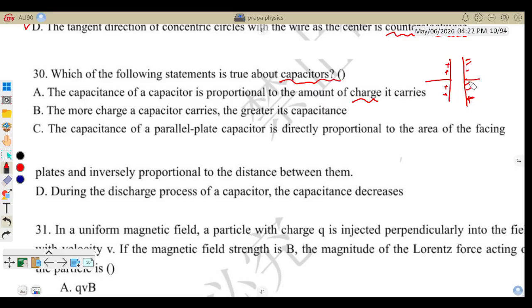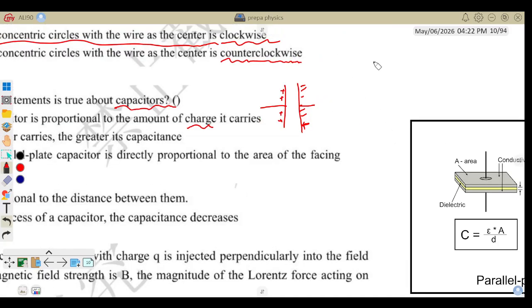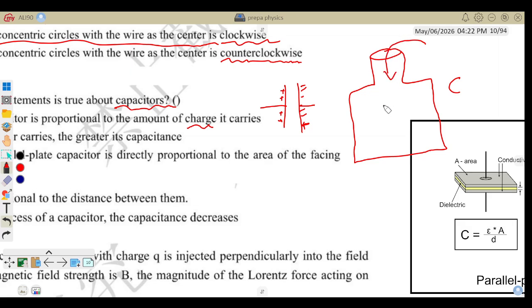We can think of a capacitor just like a certain bottle. If we have a bottle with a certain capacity, that means how much quantity of matter it can carry if we put something inside of it. So it doesn't matter how much we put inside of it, the capacitance is something special for it.